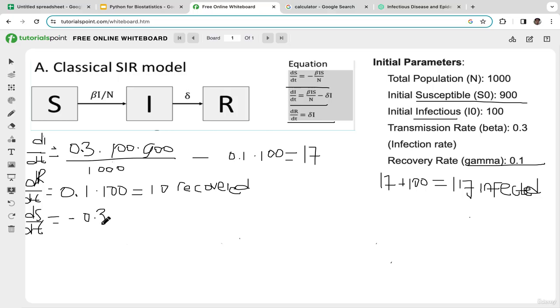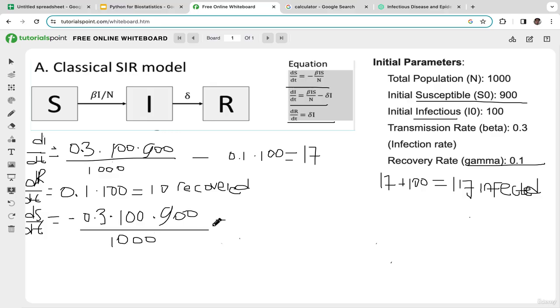Remember that beta represents the transmission rate. Next we multiply that by I, the initial infectious, so 100. You also multiply that by S, the initial susceptible, which is 900. And don't forget, we divide that by N, the total population, which in this case is 1,000.